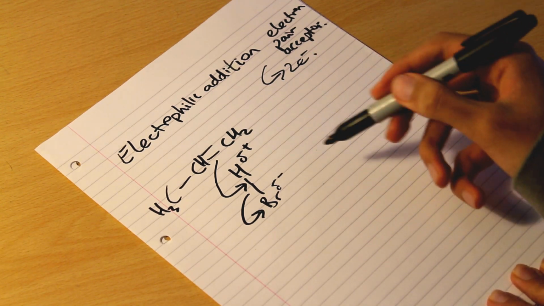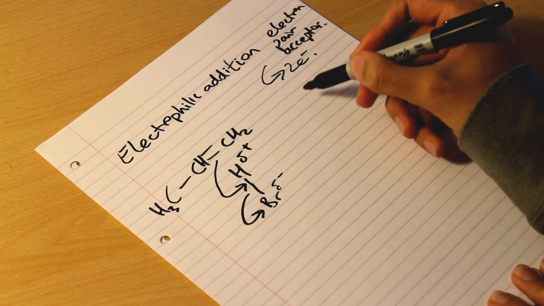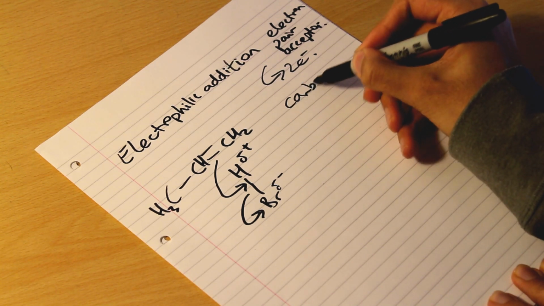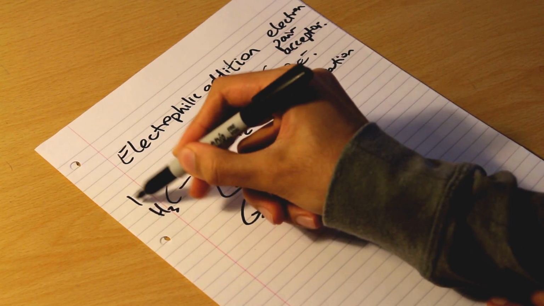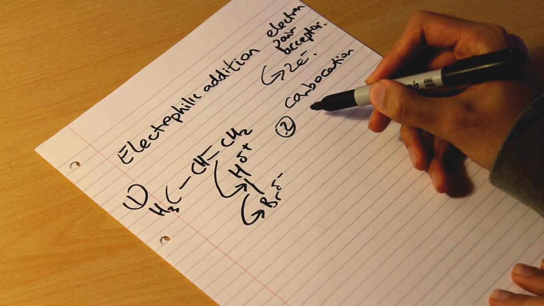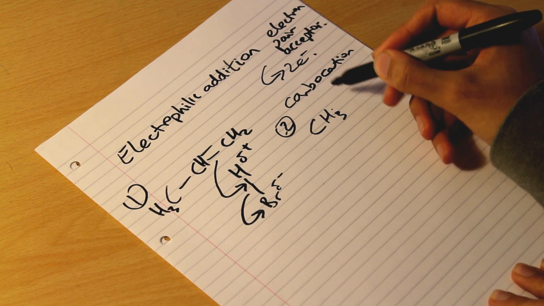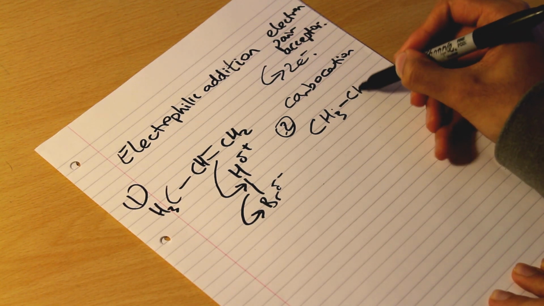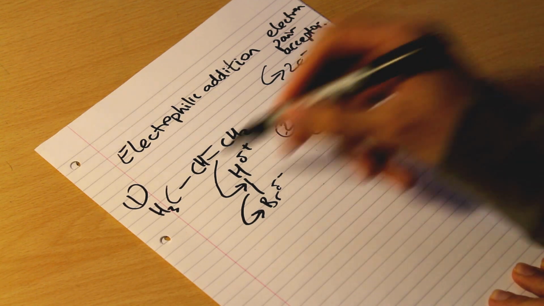This forms a second product, which is a carbocation intermediate. So this carbocation intermediate would have the hydrogen added, but there would be a positive charge on this middle carbon here.